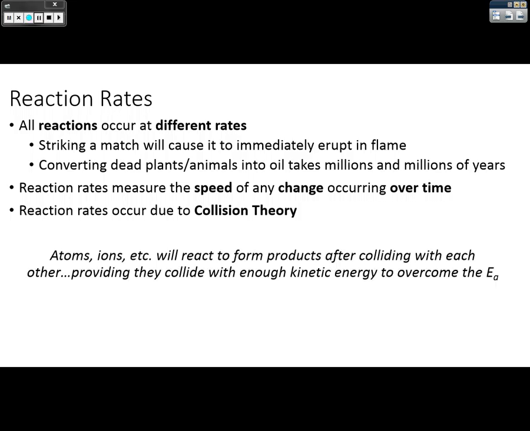Collision theory states that atoms, ions, molecules, etc. will react to form products after colliding with each other, providing that they collide with enough energy to overcome the activation energy of the reaction. This collision theory is the overriding principle for reaction rates and what's going to determine the reaction rate. It's all based on the activation energy and the number of collisions you can have.